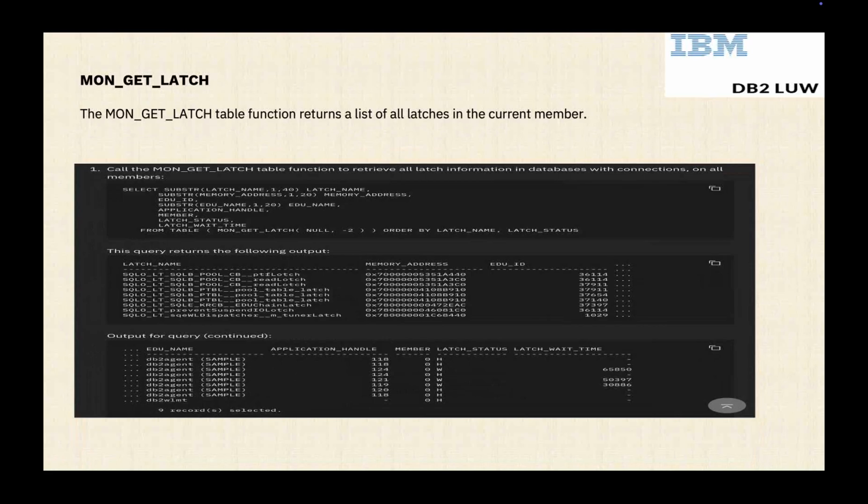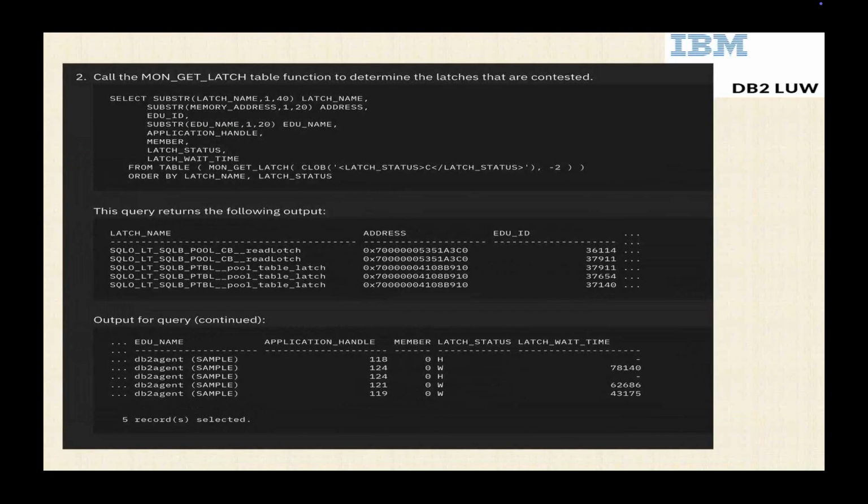So now I got the latch names here. Next step, what do I have to do? Once I got a latch name, call that get latch table function to determine which latches are contested. See, this is the main thing. I have to call this query again, which shows the contested latches, the stated queue.